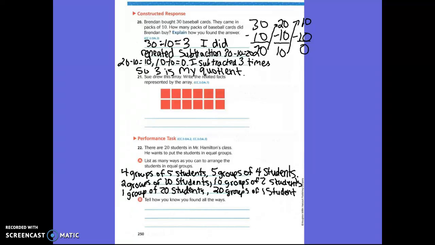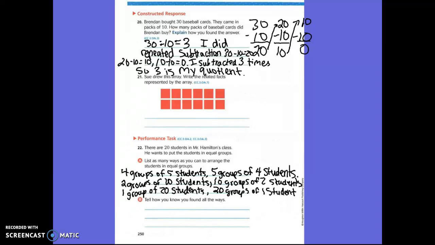You can't use subtraction. Grouping is division or multiplication. It is not subtraction or addition. 6 times 5 is what? 30. 5 times 4 is 20. Okay, so no other ways.